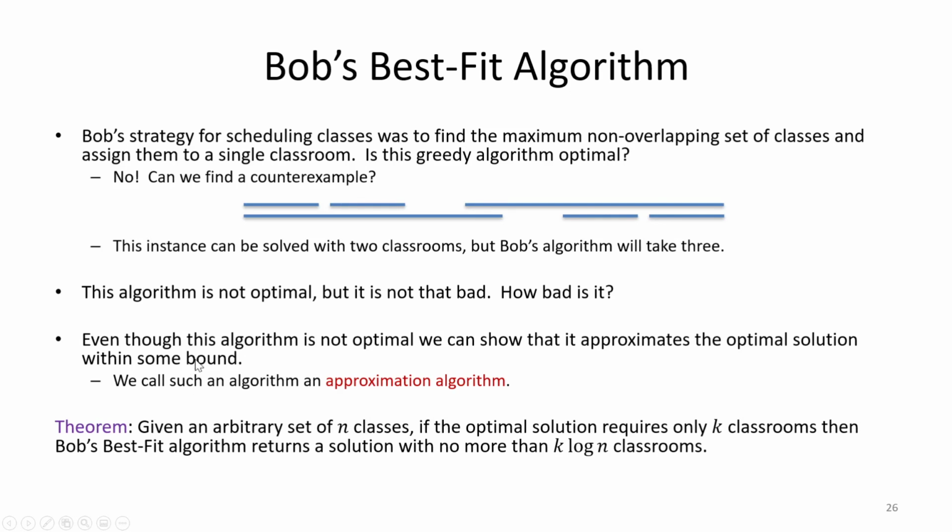In fact, we can show, and we'll show here to finish this video, that it's never going to use more than k log n classrooms, where k is the optimal number of classrooms. So it's never going to use more than log n times more classrooms than we would have used in the optimal case, which maybe would be something you're okay with if you didn't know how to get the optimal solution.